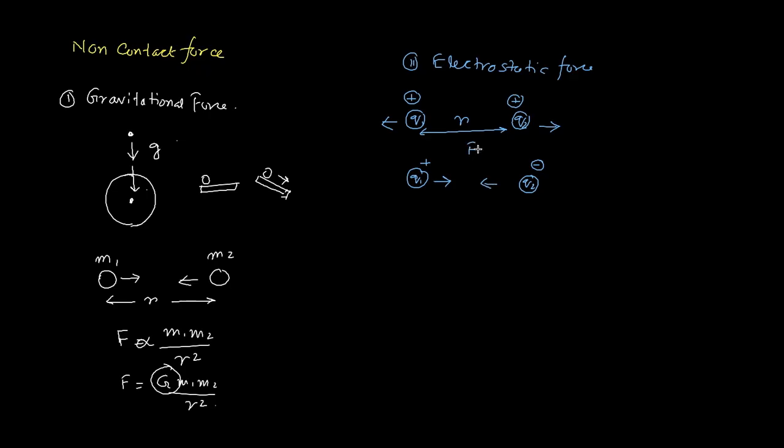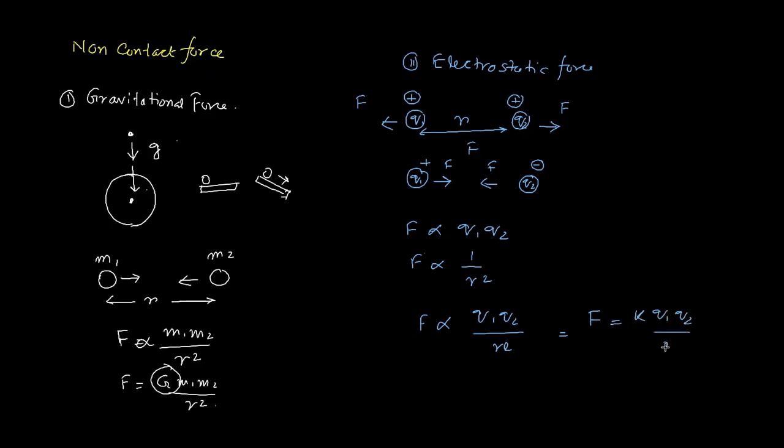F is proportional to q1 into q2 and F is proportional to 1 by r square. So F is proportional to q1 q2 by r square, and to remove the proportionality sign we apply a proportionality constant: F is equal to k q1 q2 by r square.